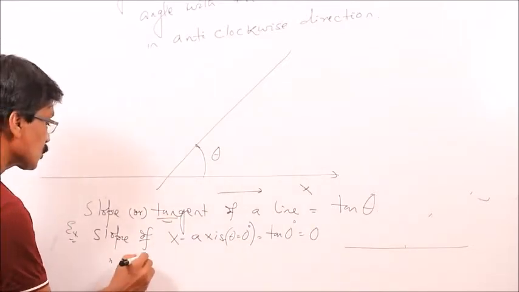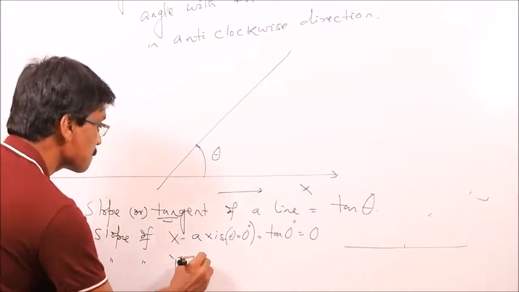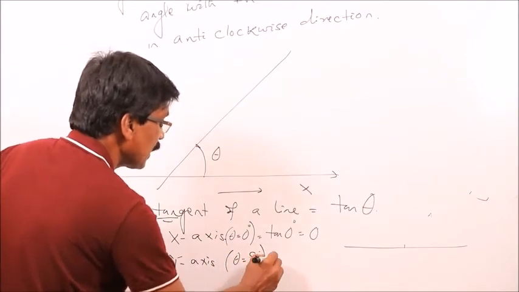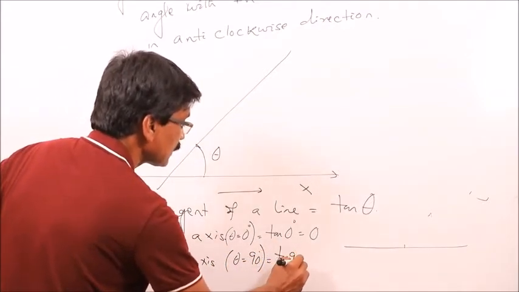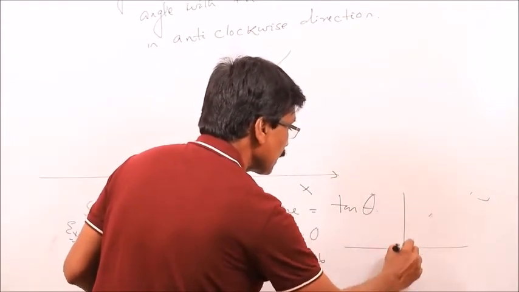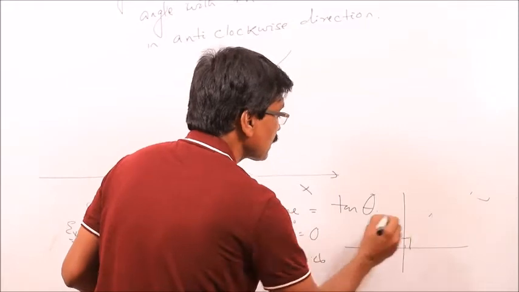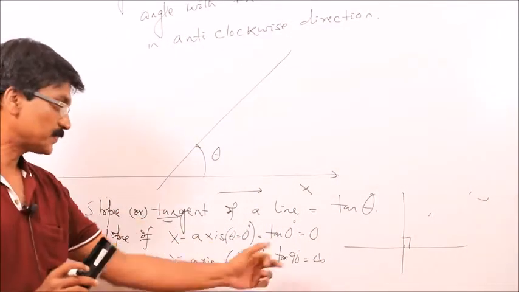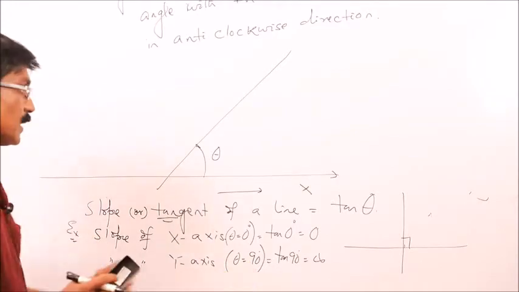Similarly, slope of y axis, here theta is equal to 90 degree and this is tan 90, that is equal to infinity. So, y axis makes angle 90 degree with x axis. So, slope of y axis is infinity, and theta is 90 degree.